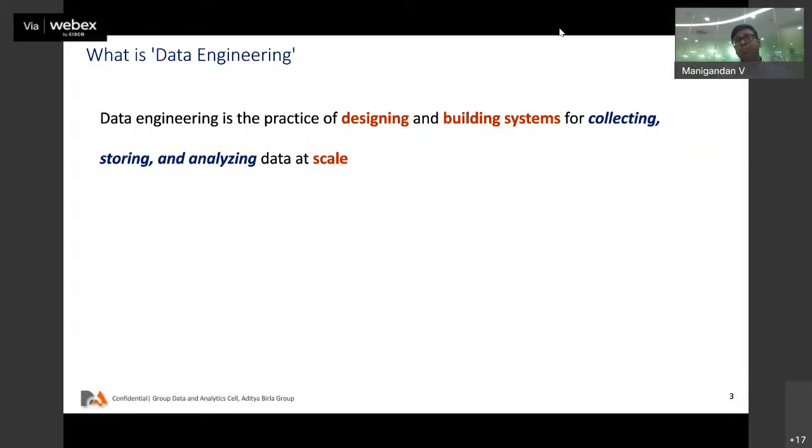Data engineering is all about how you design and build these systems. Typically these systems will connect to a data source, store the data, and present it in a format that is much easier for analysis. And this needs to happen at scale.